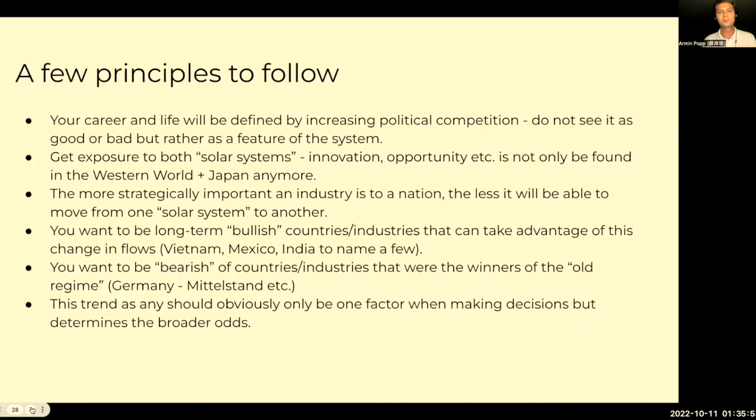And what's the principle to follow here? Obviously there could be many more points, but what are some of the takeaways? What do we make out of all of this? Well, your career and life will be defined by increasing political competition.